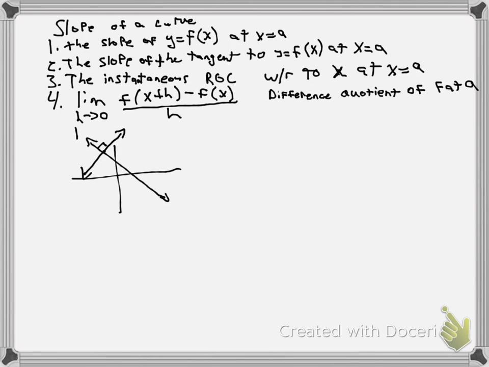Given that y is equal to 1 over x minus 1, and we are concerned with what's happening at x equals 2, find number 1, the slope of that curve for me.